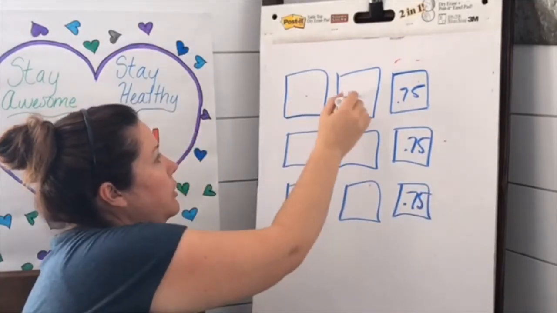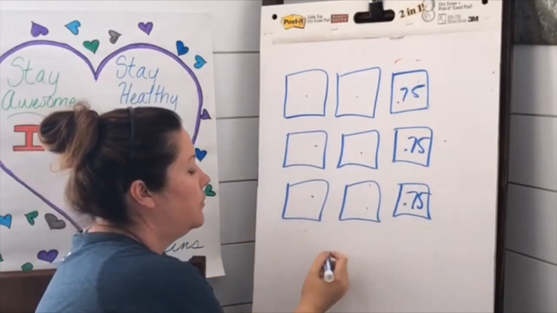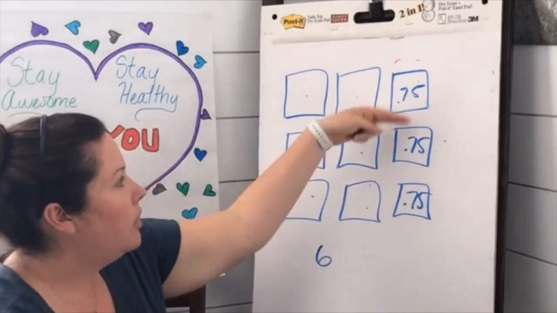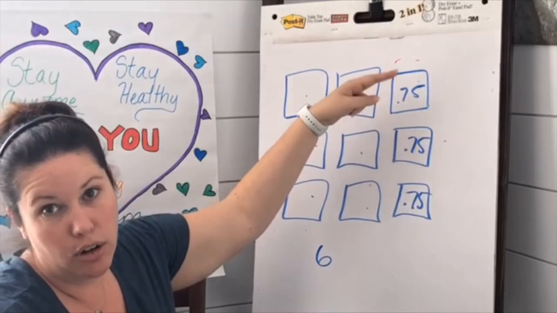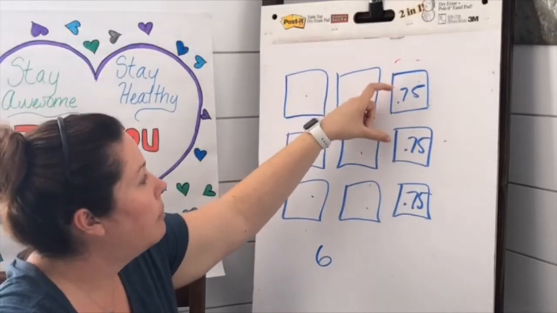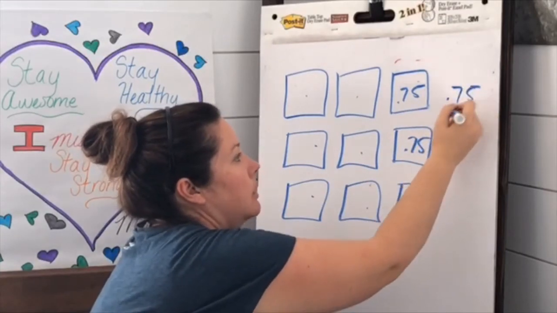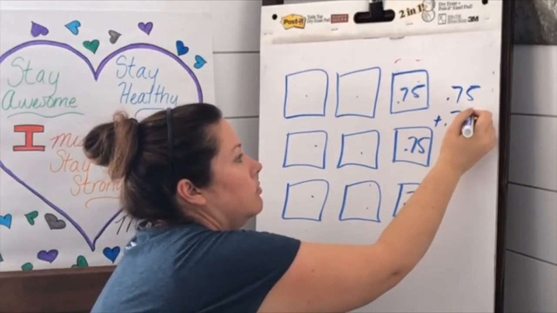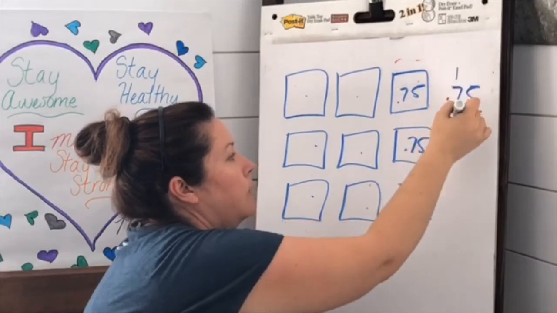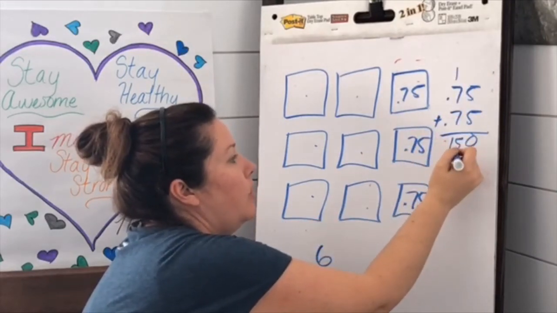So we have 1, 2, 3, 4, 5, 6 full grids. And then we are for sure going to get another 1 or 2 full grids out of here, right? Because if we add 75 cents plus 75 cents, we get $1.50.